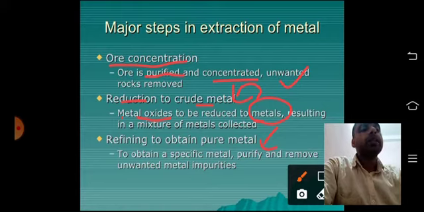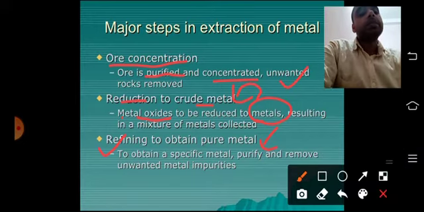Carbon will take the oxygen from the zinc oxide and the PbO, and itself it will oxidize in the chemical reaction, but it will reduce zinc oxide and lead oxide. You will obtain the metal, which is a crude metal, not the pure metal, and hence it will go to the third step, which is refining to obtain pure metal.